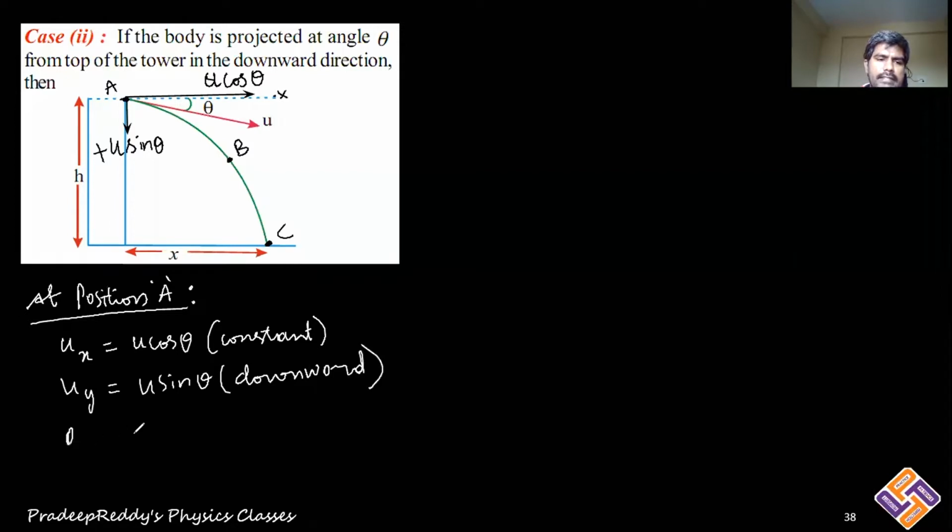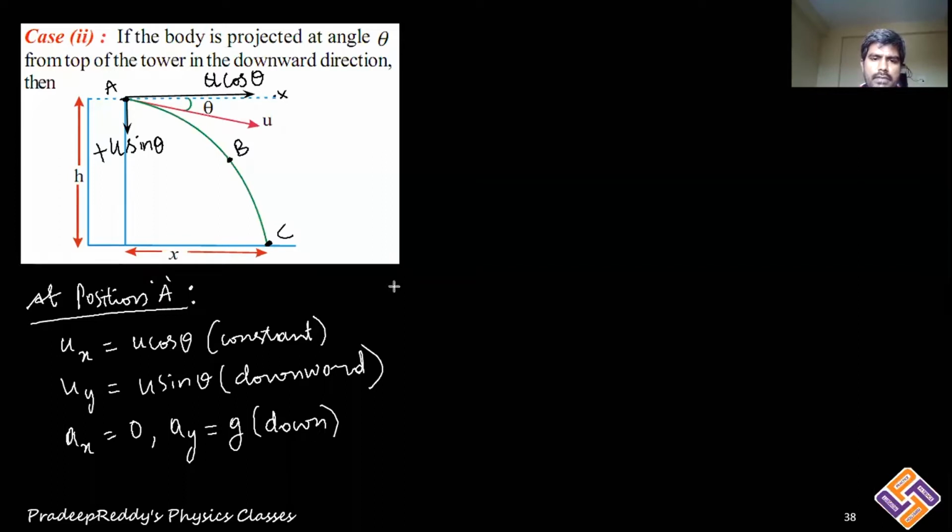Acceleration along the x-axis is 0. Acceleration along the y direction is equal to g, and this is also downward. As acceleration due to gravity is pointed downward and the body is also falling down, the initial velocity is also downward, so both are taken as positive. Velocity increases with time along the y direction.